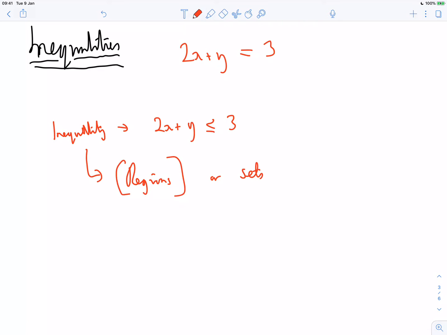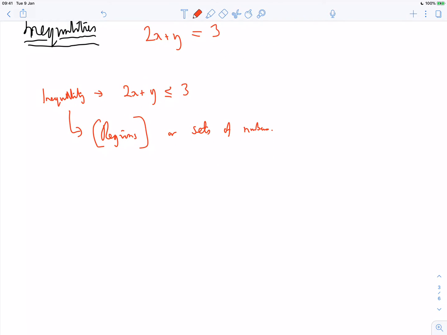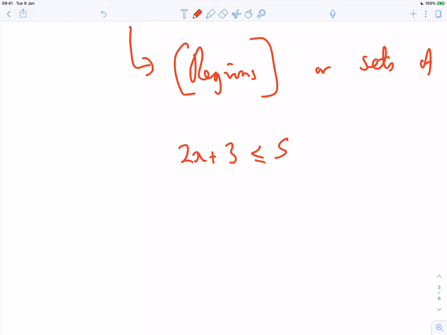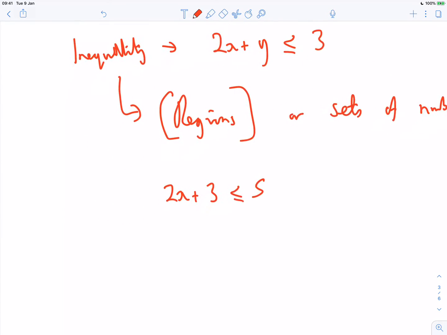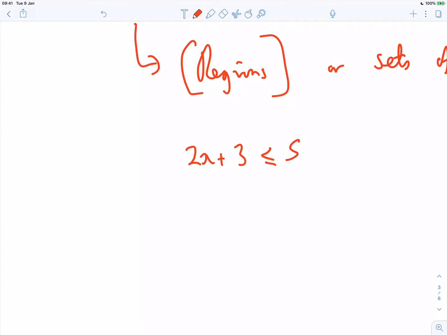So for example, if I'm trying to solve 2x plus 3 is less than or equal to 5, say, then I do this in the normal way.